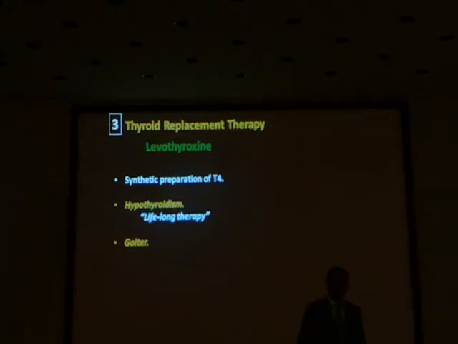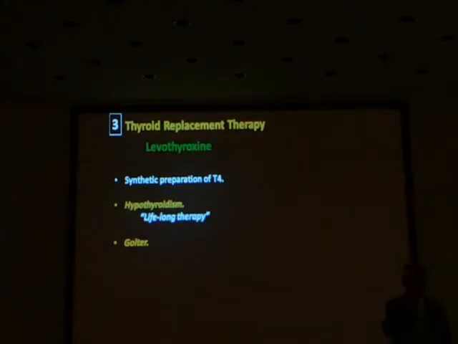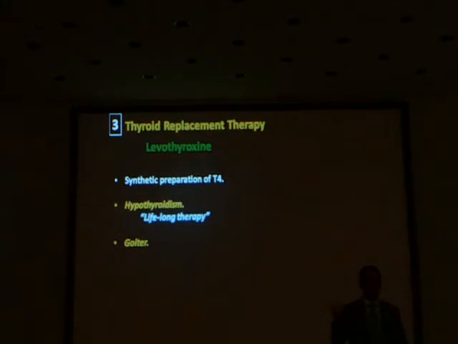Now, the strange thing is that we could use it also for goiter. What's goiter? Enlargement. Why would you use thyroxine for the goiter? Although goiter most commonly is related to an increased production. Exactly. So this is what we want.